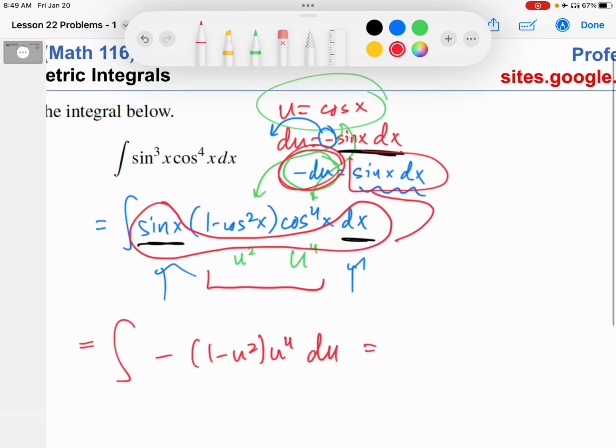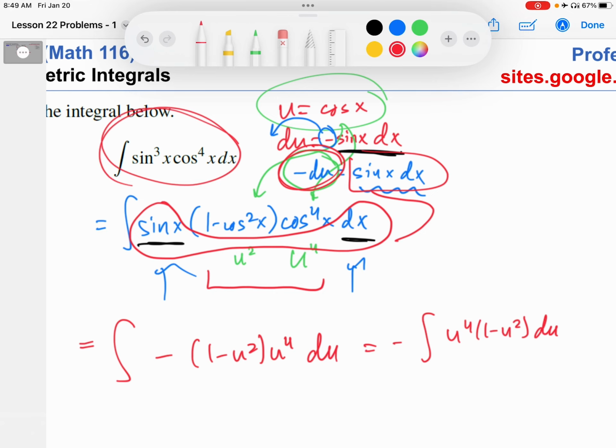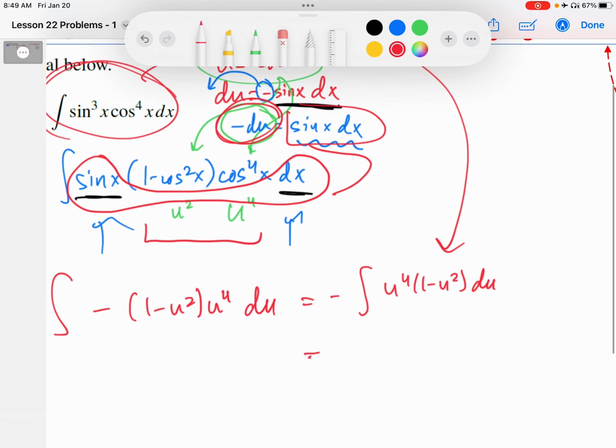You can see that we have now accomplished what we set out to do, which is to use u substitution to convert this integral into an integral that we can actually do. This is in terms of u. And at this point, we're kind of back to Calc 1 methods here. I'm going to distribute the u to the fourth: minus u to the 4 plus 2, u to the 6, du.